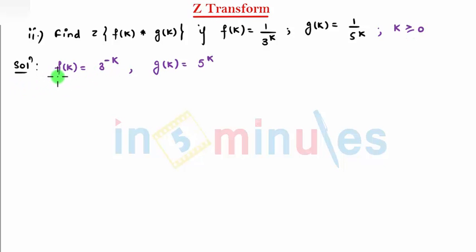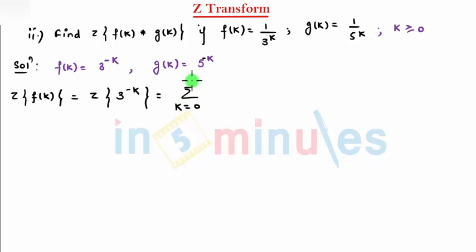So we need to find ZT of f of k and ZT of g of k for k greater than equal to 0. Let's find ZT of f of k, that is ZT of 3 raised to minus k. So we can say here summation k equal to 0 to infinity z raised to minus k into 3 raised to minus k.